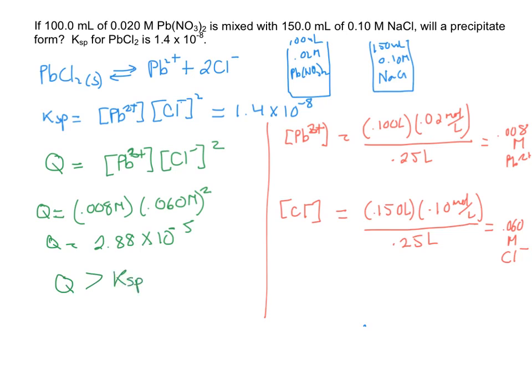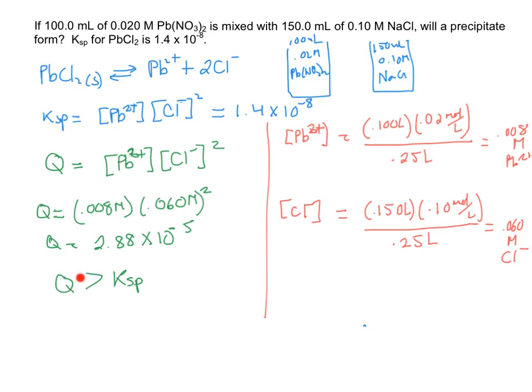the Ksp. Remember that Ksp is products over reactants. And so right now my Q is way larger, right? What does that mean? That means my products are way larger than they would be at equilibrium. And so that means that a precipitate will form.